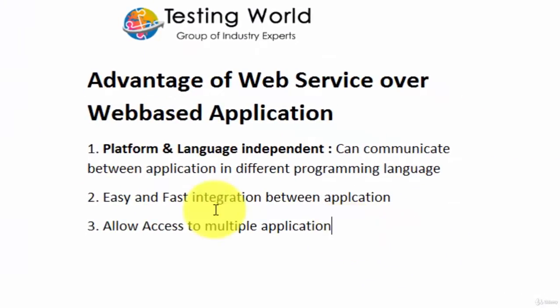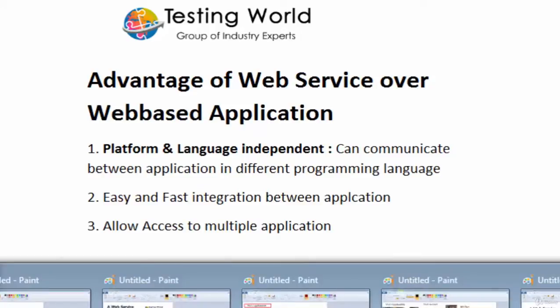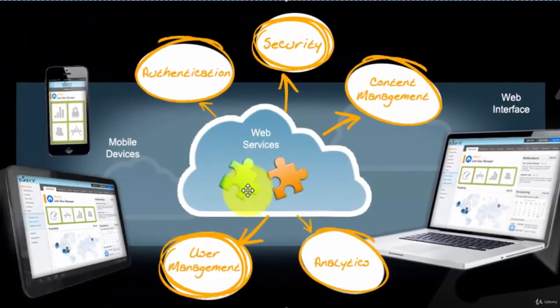The most important point is web service allows access to multiple applications. What does it mean? Okay, I just moved to one more example here. My web services are developed. So now we can access that web service from other applications which are web-based applications, from the mobile application, from the applications which are running on tabs, and later on it might be possible in future if we get any other device, like if we got smartwatches and we want to access the same application from the smartwatches.